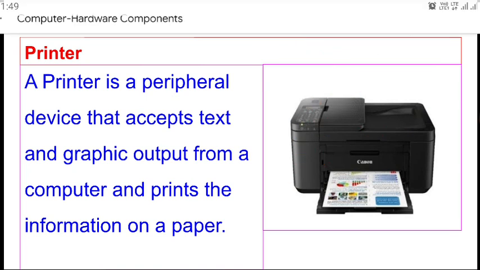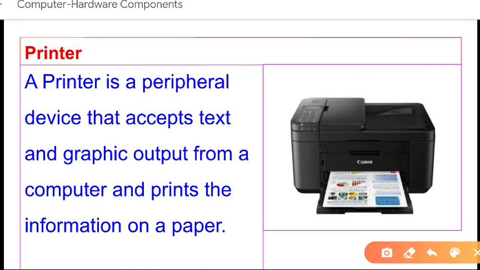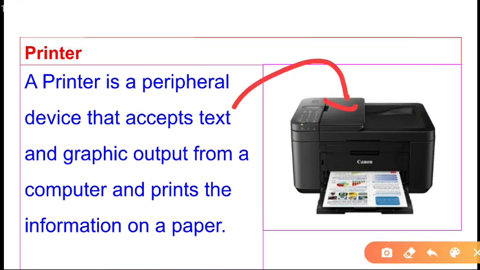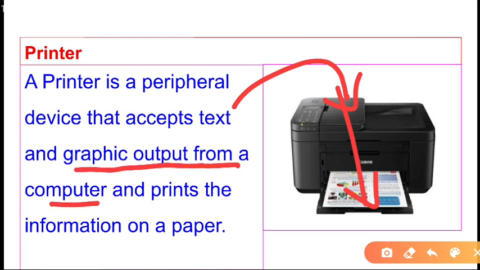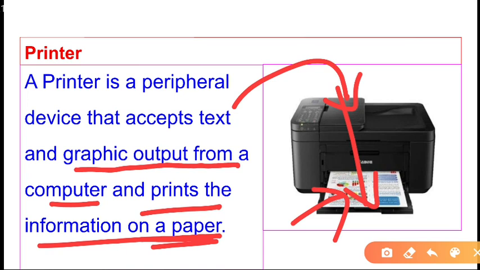For example, if we connect our computer with a printer, the printer adds the functionality of printing things on paper to our computer. So a printer is a device that accepts text and graphic output from the computer and prints the information on a piece of paper.